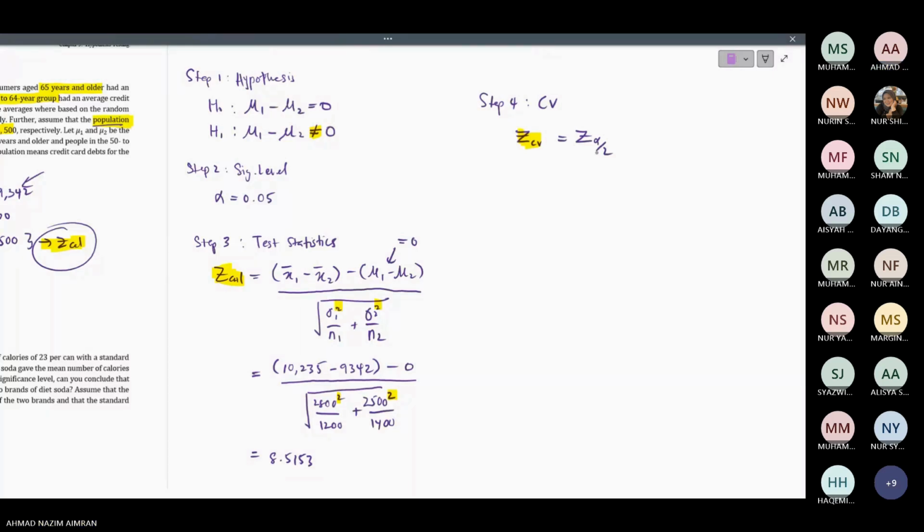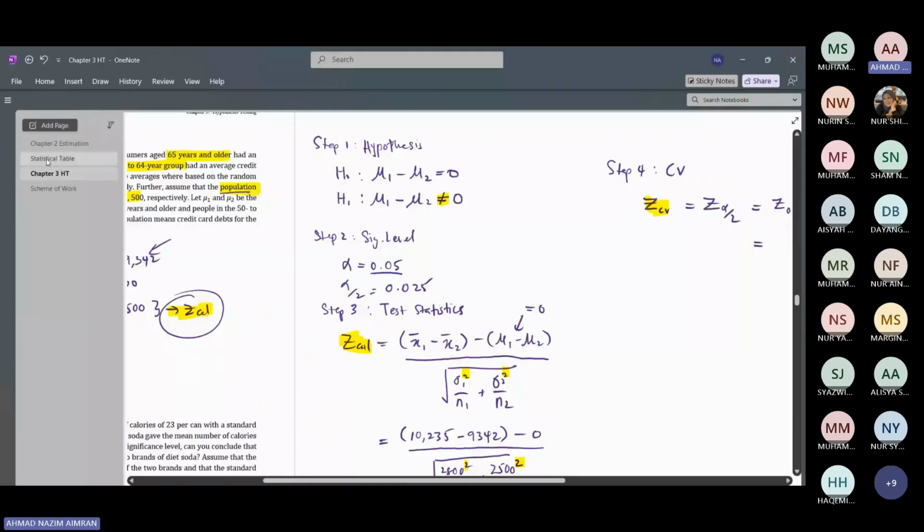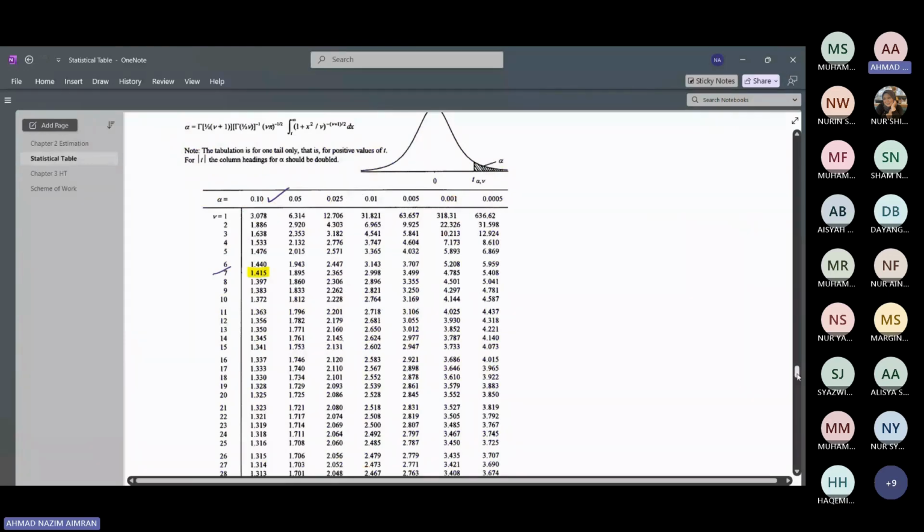Because we are doing a two-tail test. Z alpha over 2 is equal to Z 0.025, because this is alpha. Alpha over 2 is equal to 0.025. Okay, so what is Z 0.025? You need to go to the statistical table and find the Z table.